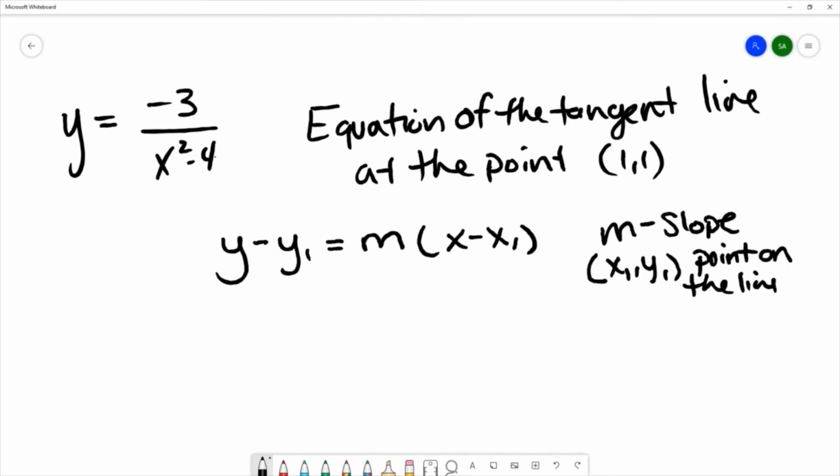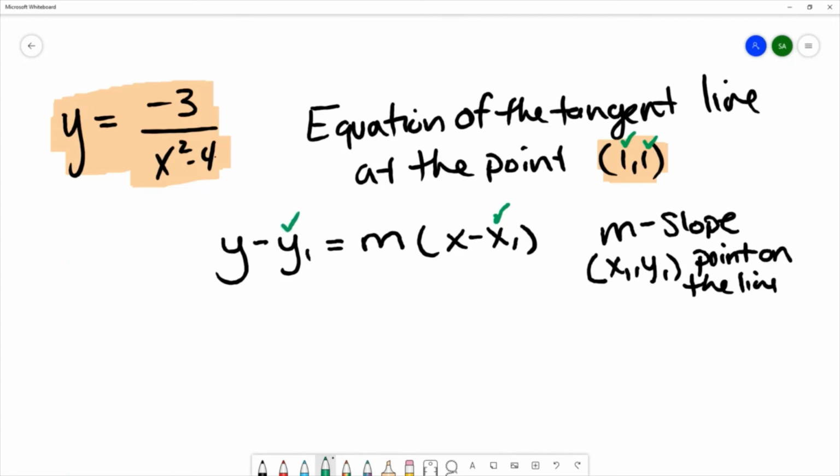So we're given this point 1, 1, which is a point that's on this line. It's on this curve, y equals -3 over x squared minus 4. And so that 1 will be our x1, and that 1 will be our y1.